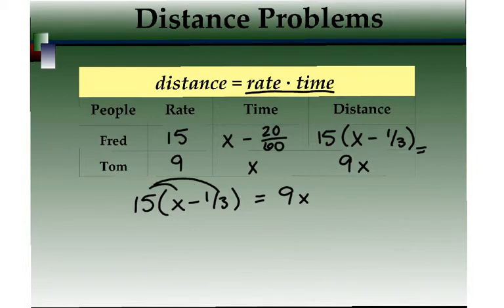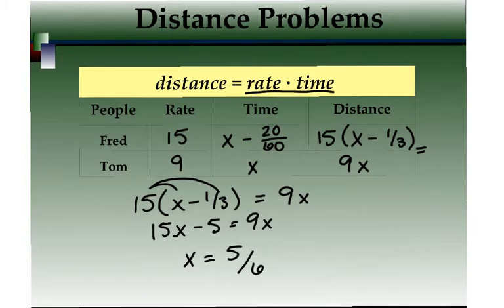So distribute that 15. And then now solve for our x value. I'm just going to take a shortcut here because I know you guys can do this. x equals 5/6.